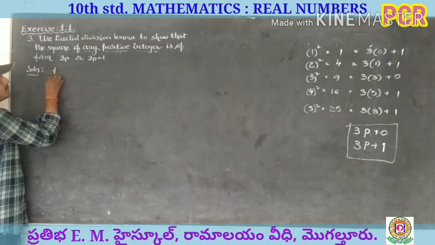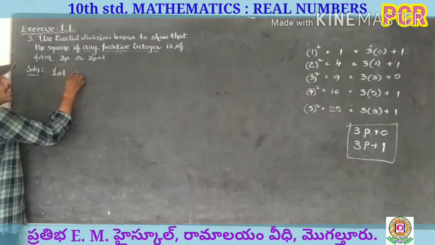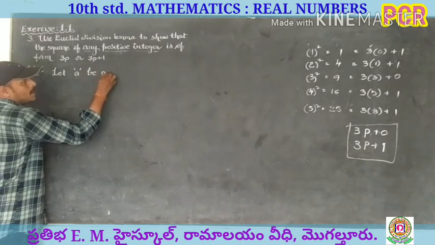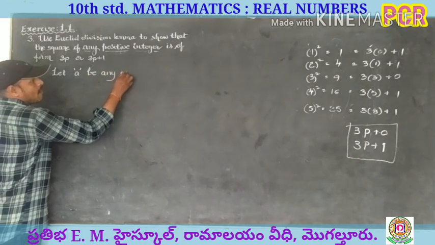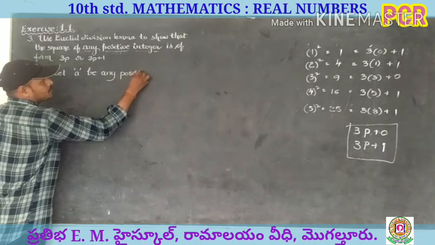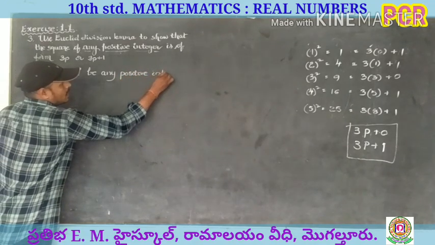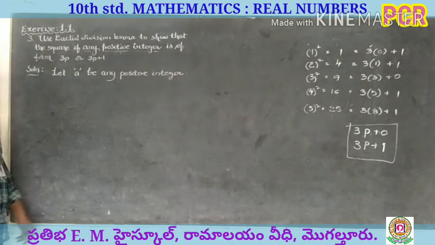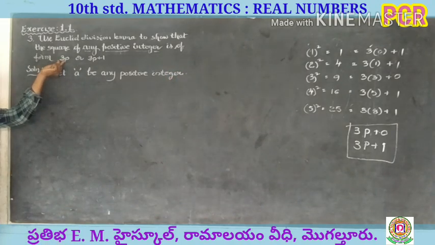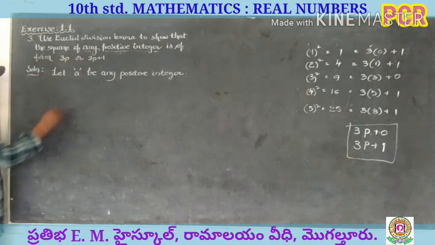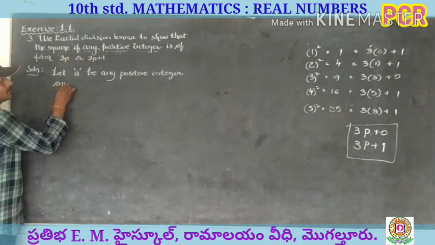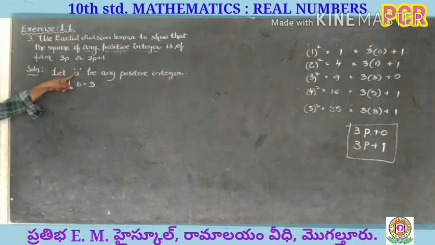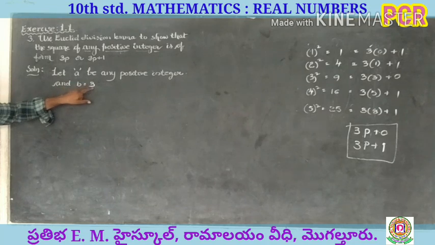Let a be any positive integer, and 3 is taken as divisor. That means b is equal to 3.